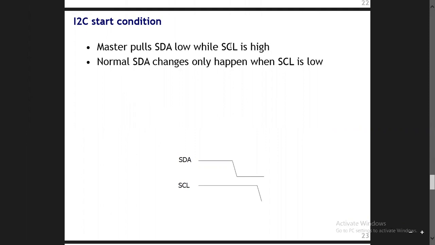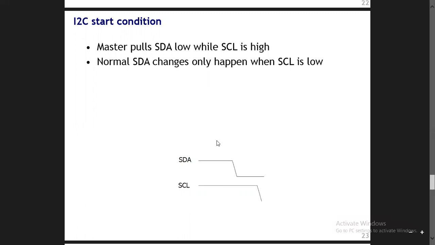This is the indication of the start condition, because as we already know, both the lines are pulled up by the hardware components, the resistors, to the VCC signal. So if both of them are pulled high, which means that if there's nothing happening on the bus, both the signals will be in the high state, both the clock and the data.